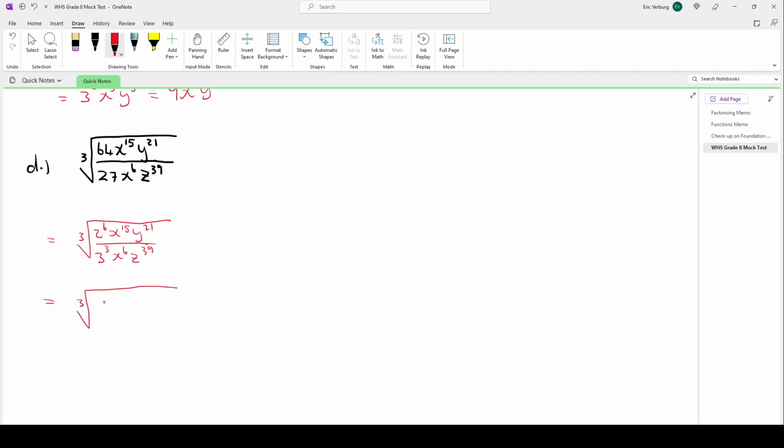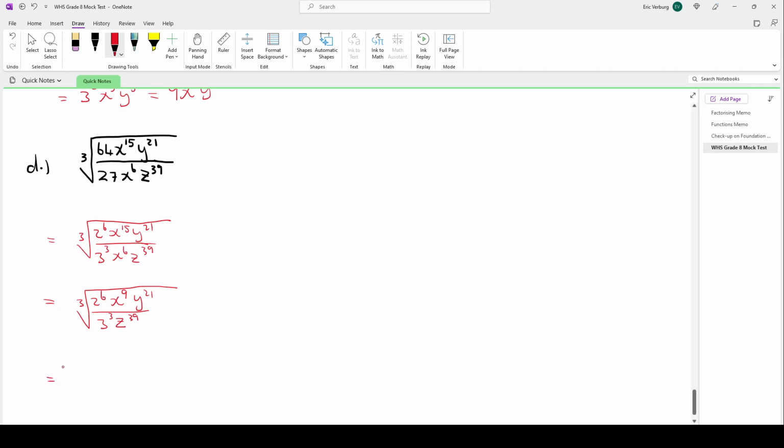So let's keep the cube root. We still have 2 to the power 6. But now the x's, there are more x's at the top, so we'll keep the x's at the top. And the difference between 15 and 6 is 9. Let's just simplify the x's like that. Okay, and then y's at the top. At the bottom, we've got our 3 cubed, and we've got our z to the power 39. Because we simplified the x's, right?